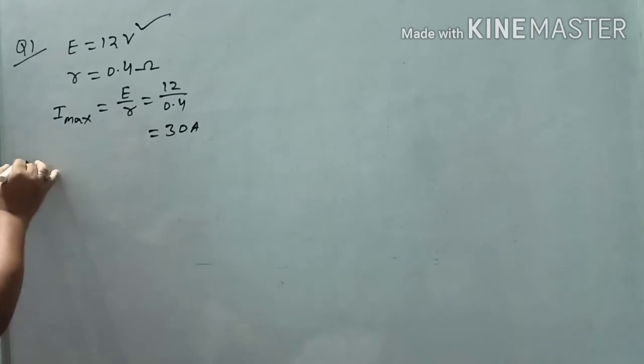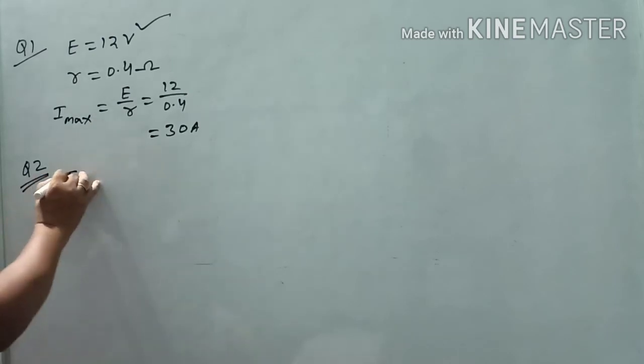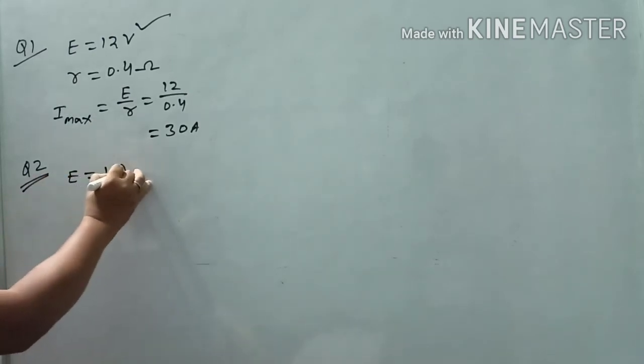Now come to question number 2. A battery of EMF 10 volts and internal resistance 3 ohm is connected to a resistor. If current in the circuit is 0.5 ampere, what is the resistance of the resistor? So what is given in this question? EMF is 10 volts.